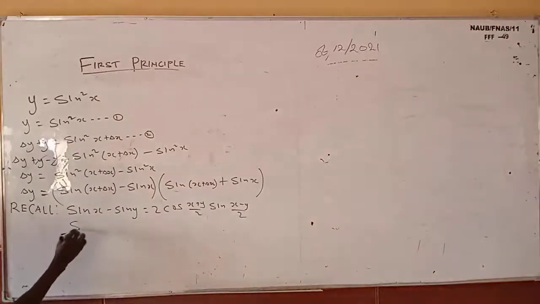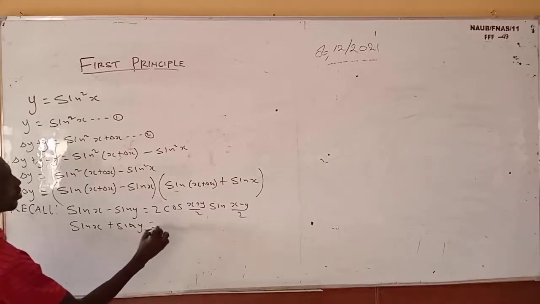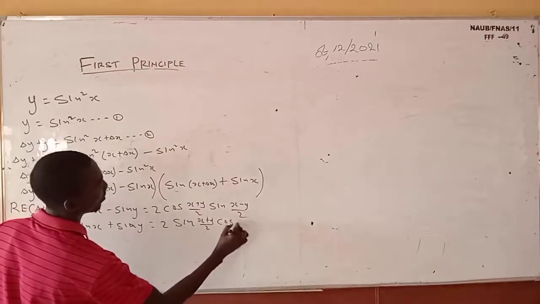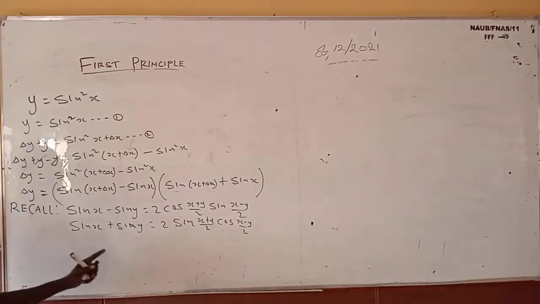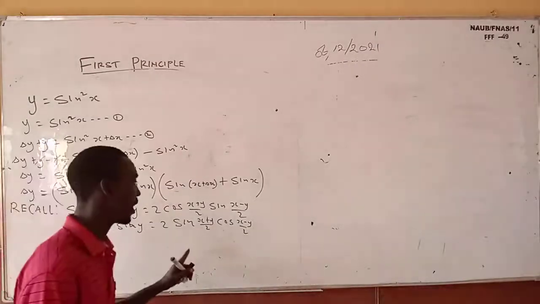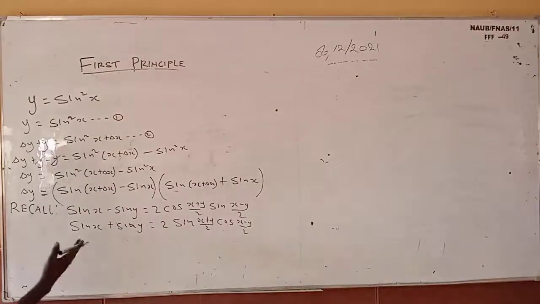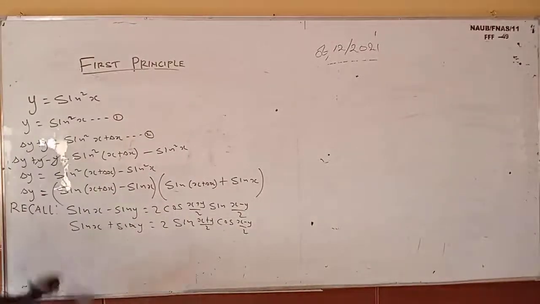And you also have to recall that sin A plus sin B equals 2 sin of (A plus B) over 2 times cos of (A minus B) over 2. Please take note of this from the factor or product formula. We are going to compare and contrast: you will use this to compare this, then use this to compare this. That is all. Then you arrive at your answer.